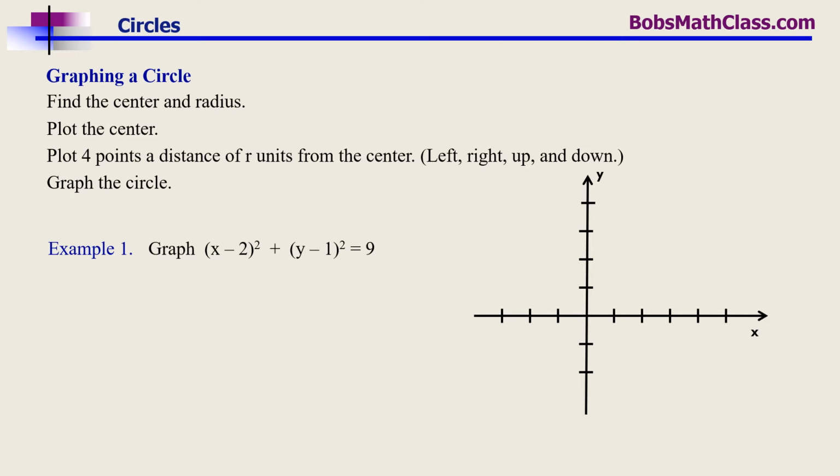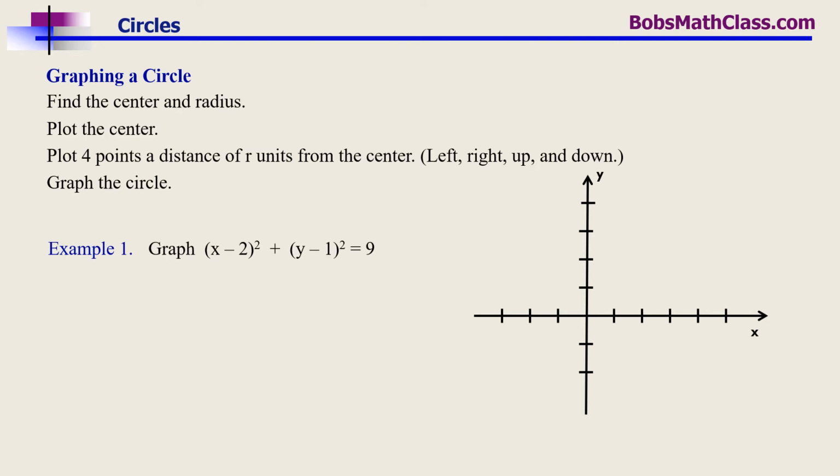So let's say r is 3, you're going to go 3 up, 3 down, 3 left, 3 right. It's too hard to go 3 at a diagonal unless you have a ruler. So that's why we go left, right, up, and down. And then we can draw our circle the best we can.